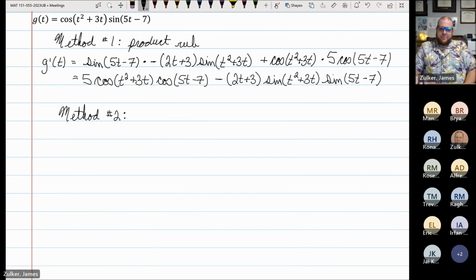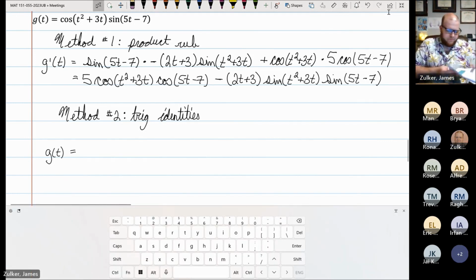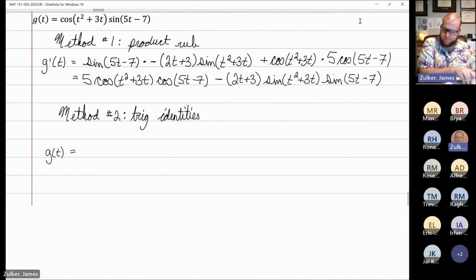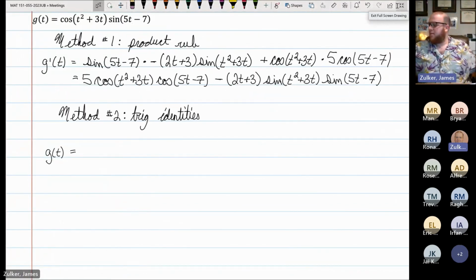Second method is to use trig identities first. There's one in particular for this one.